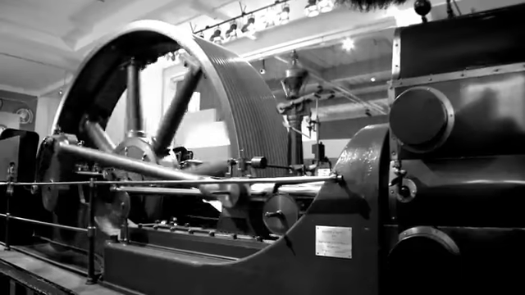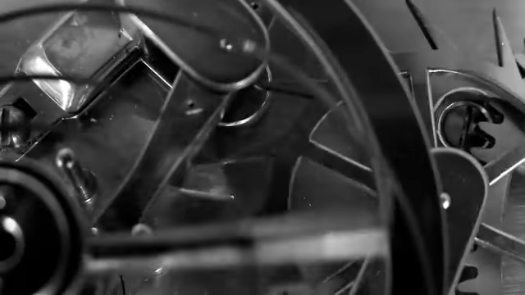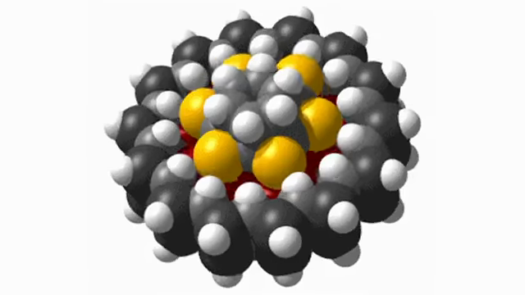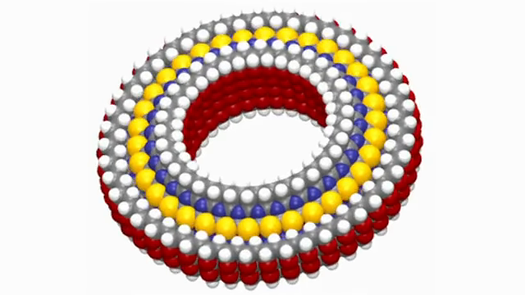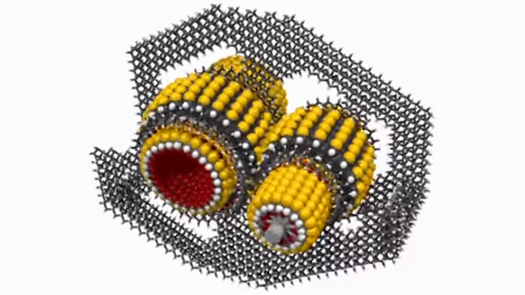Throughout history, we've been making smaller and smaller machines. Now, scientists are looking at ways to create machines at the smallest scale possible, using atoms as their building blocks. Some researchers believe that we could construct molecular machines that could make anything we wanted.